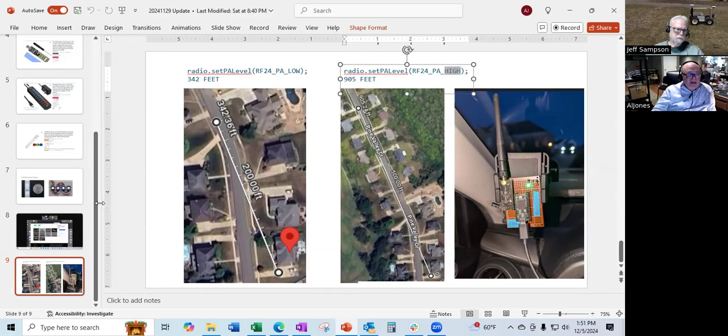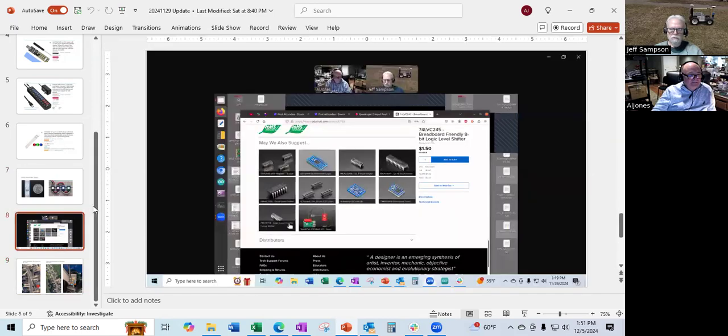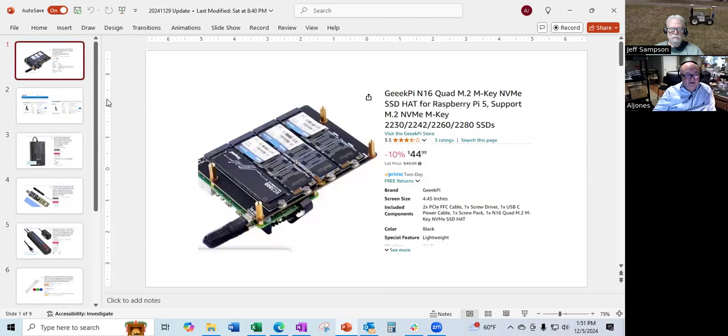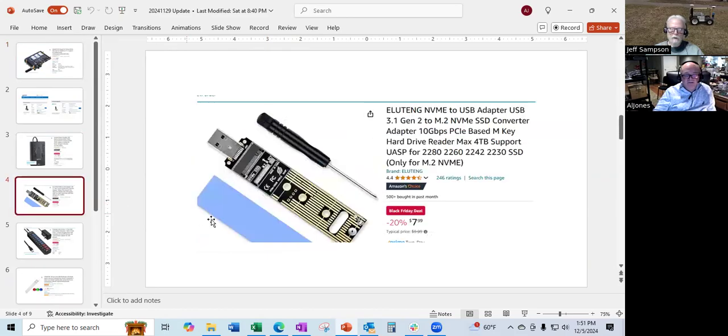Other than that, I've also been messing around with a Raspberry Pi 5. I've rebuilt the darn thing 3 or 4 times. I've stripped off this NVMe hat, thinking it was causing a problem.